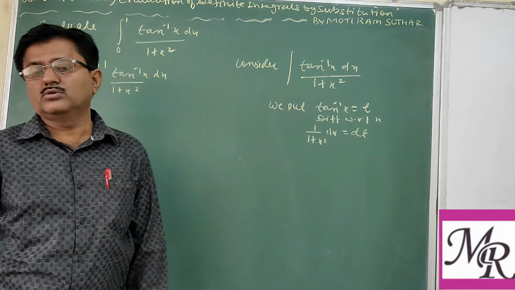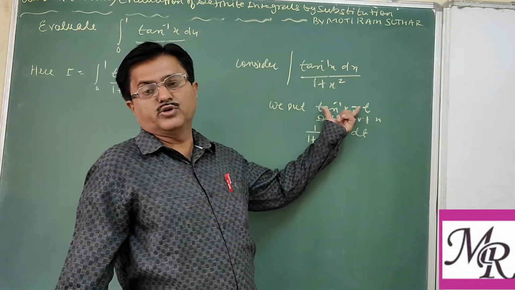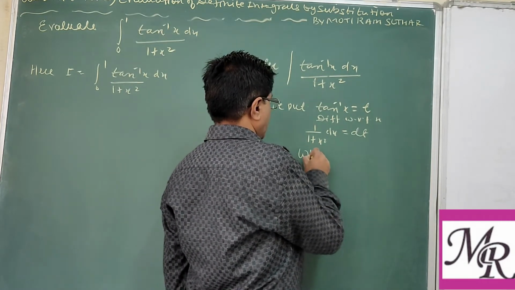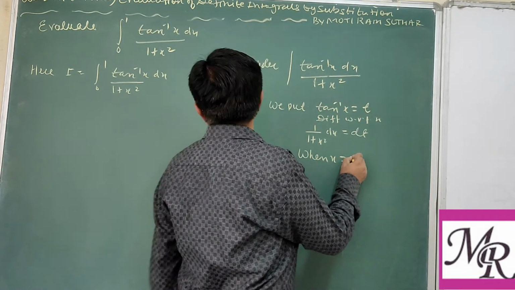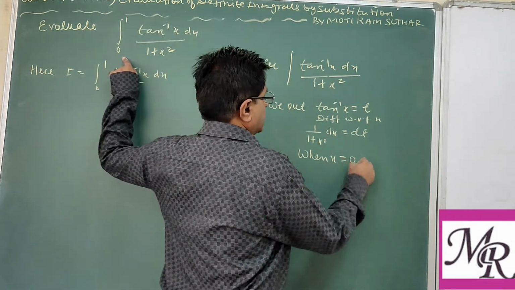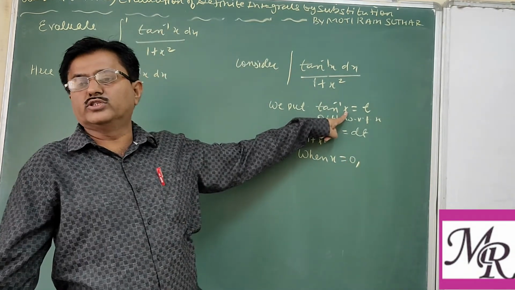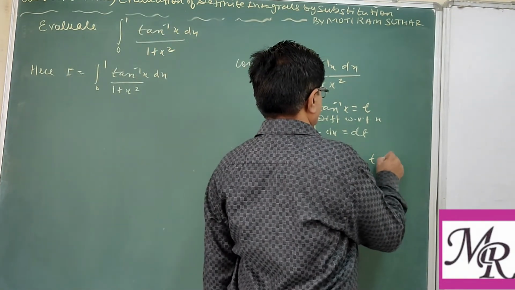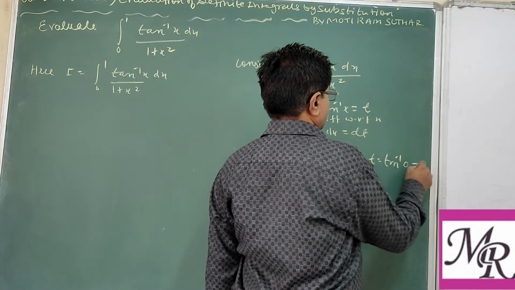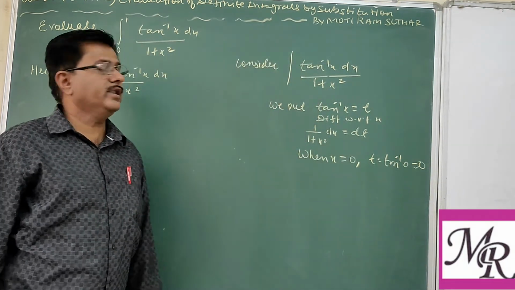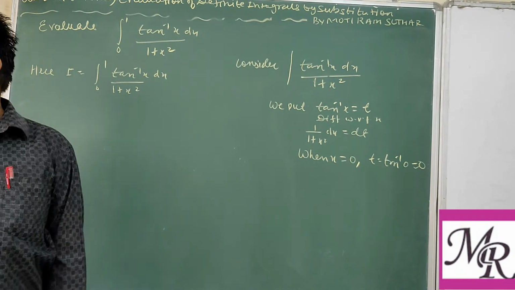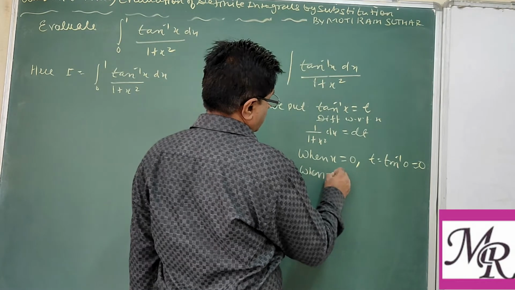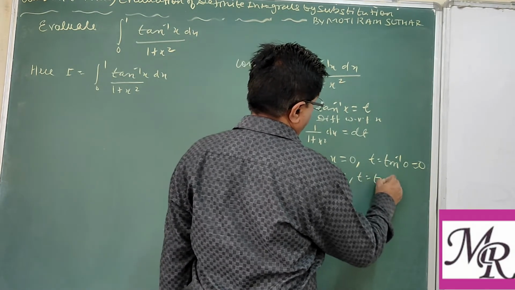Now suppose you don't want to resubstitute, then you can change the limit. How do we change the limit? When x equal to the lower limit 0, put the value 0. So tan inverse 0 is 0. So t equal to tan inverse 0, that is 0. So when x equal to 0, t is also 0. And second, when x equal to 1, t equal to tan inverse 1.